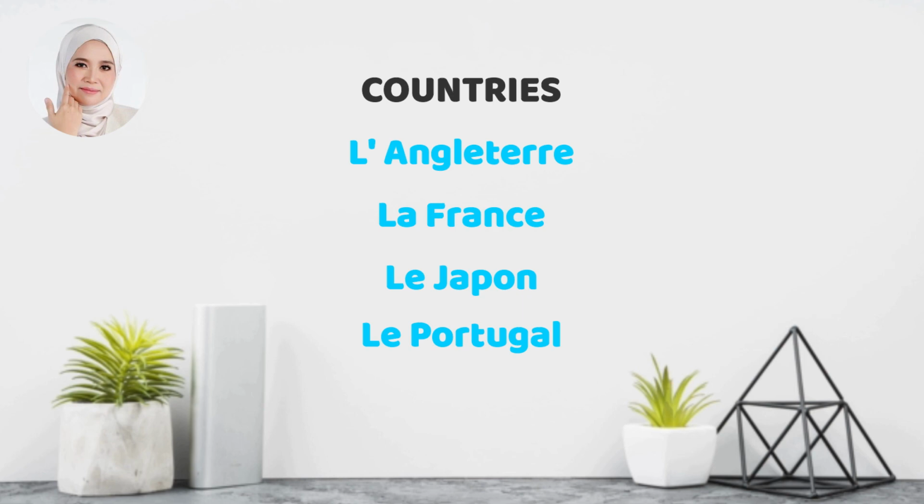France is a feminine country, so we put la. Japan is a masculine country. And you have here Portugal is also a masculine country. These two countries, we put le in front of them, le Japon et le Portugal. So please remember that even countries have genders too.